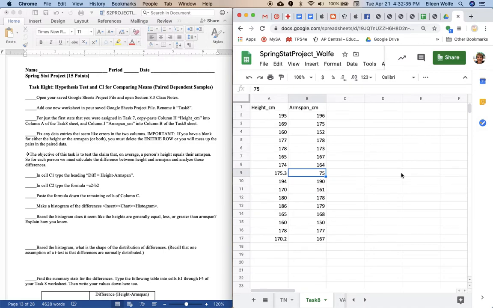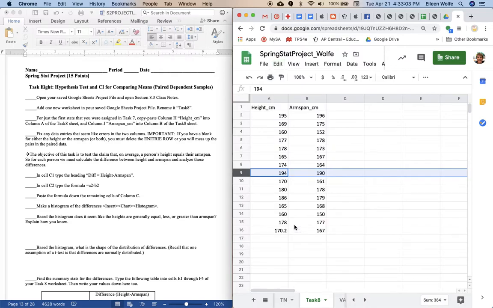So a person should not be only 75 for an arm span. Now I can't just delete that 75, because then these guys will all move up to fill that space in, and now all the pairings will be off. So if there's any mistakes, whether it's in the height or the arm span, I either have to fix both to keep the row or delete the row.